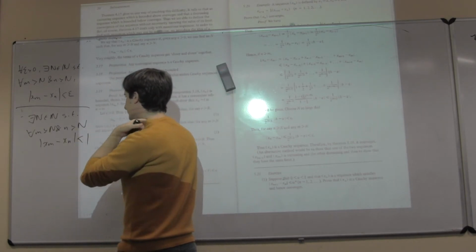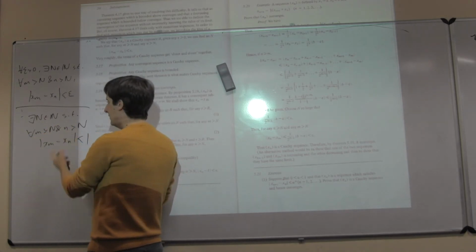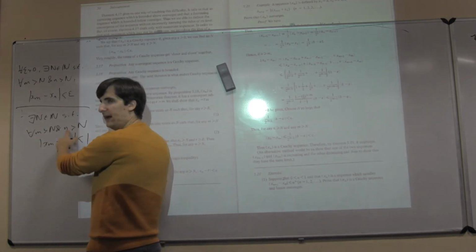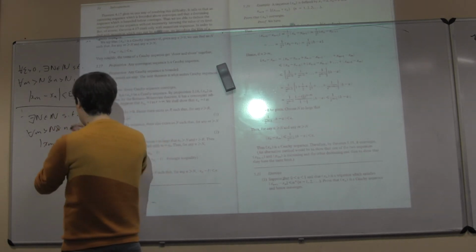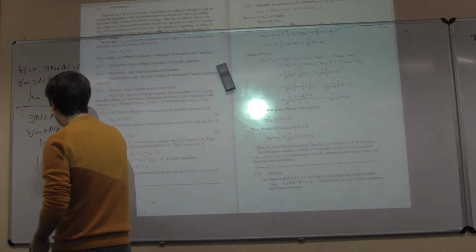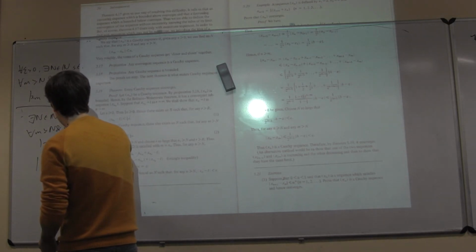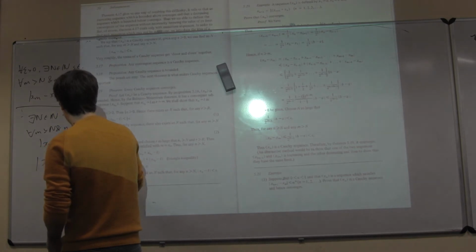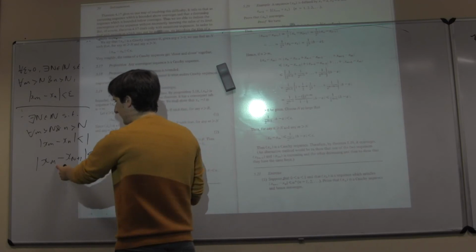So this is true for all m and all n. Well, let's just fix an n. Let's take little n equal to big N, or equal to big N plus 1, whichever you want. So we can have xm minus x sub N plus 1 less than 1 for all m.